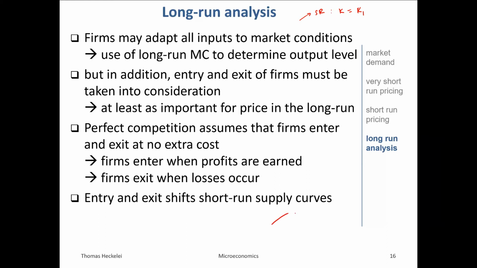Okay, cost can stay constant. That means independently of the number of firms or how much more demand arises for input from these entering firms, the input price stays the same or constant, not depending on the quantity produced by this industry.